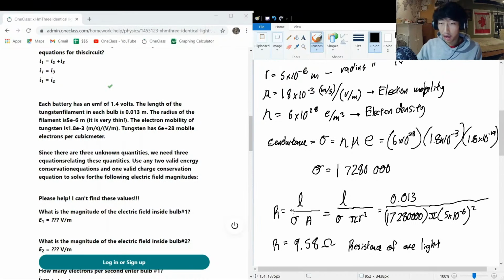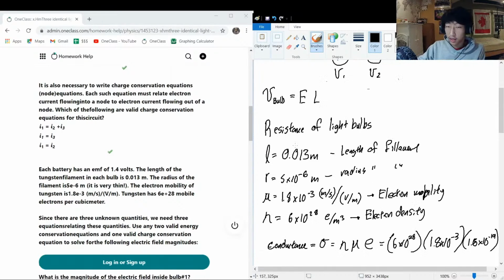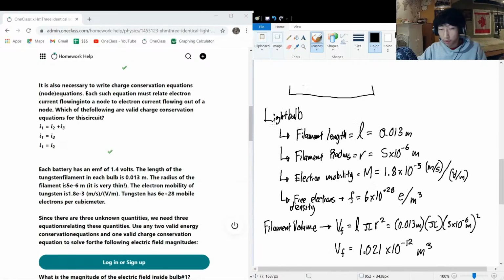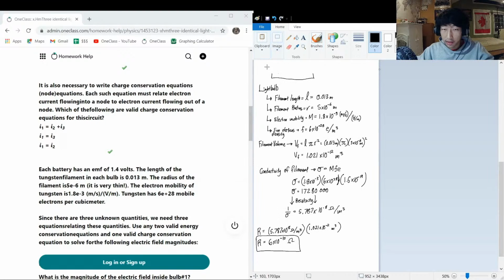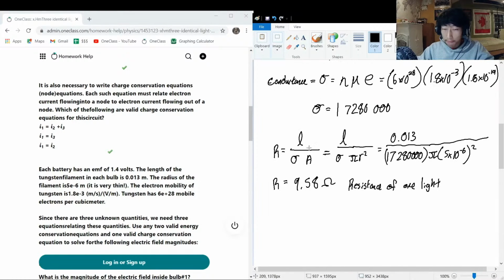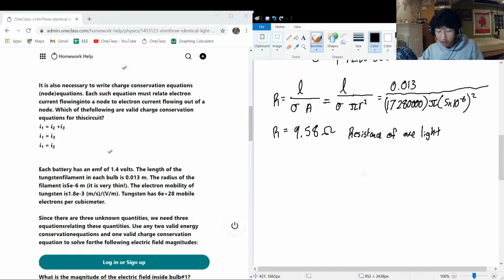Now, given this, we can redraw our circuit to match that. Whoops. Let me clear out the bottom here. It's unrelated to a different question. My bad. Okay, so let's redraw the circuit ASAP.